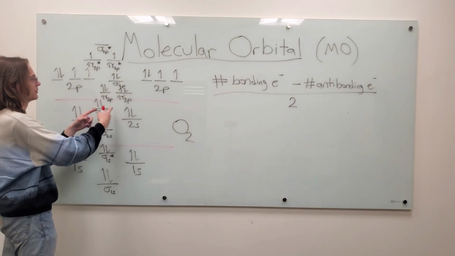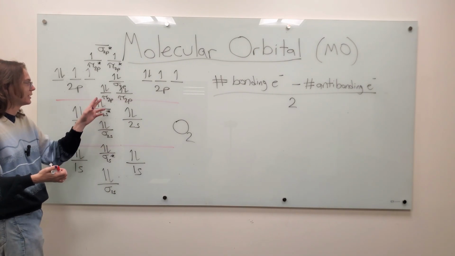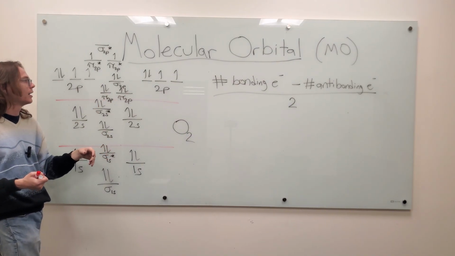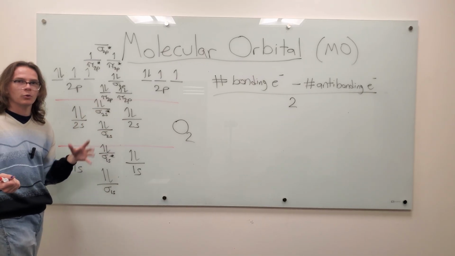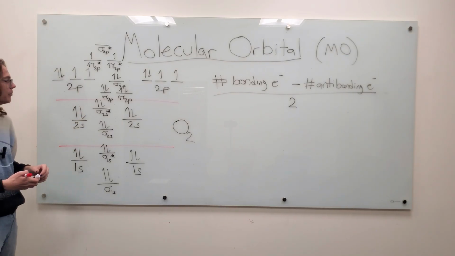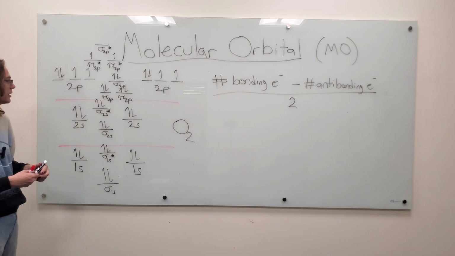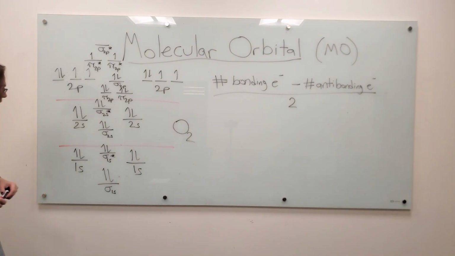And so we can have 6 total from the pi bonds and sigma bonds. And so if there can be 2 electrons in a sigma bond, that leaves 4 freed up for the pi bonds. So there's our oxygen orbital diagram. Hopefully it's clear enough.